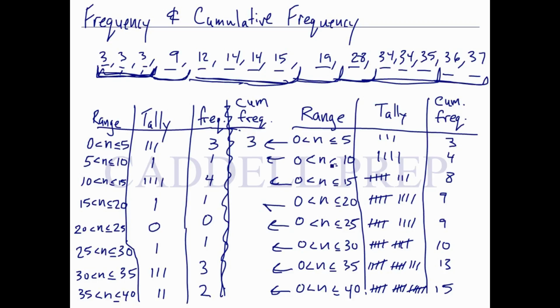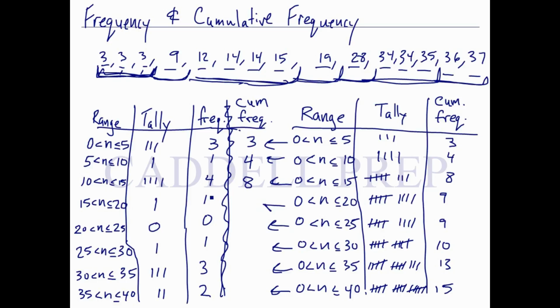So now if we went from 0 to 10, we're going to include 0 to 5, which is 3, plus what's in the next group. So plus 1 gives us 4. Then 0 to 15, we include everything up to 10, which is 4, plus the next number of values added, 4 more, which gives us 8.